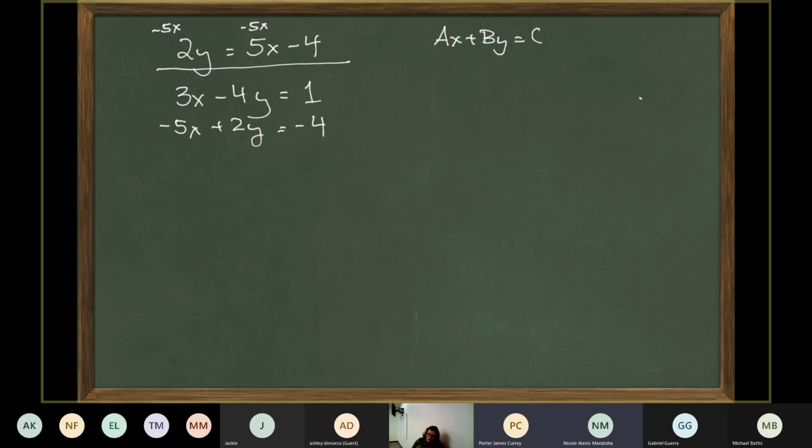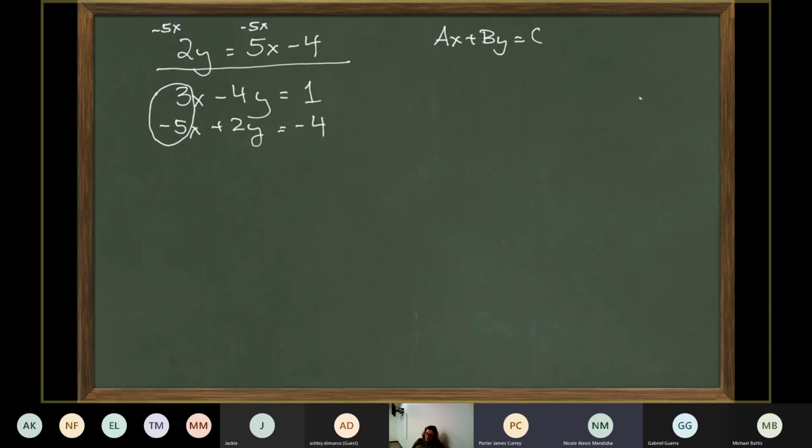And I have to say Y would be the easier one to eliminate. Why is that? With X, you have 3 and 5 here, which means you have to multiply both of the equations by a number. With Y, you have 2 and 4. You also have plus and minus here already, but the least common denominator of 2 and 4 is 4.